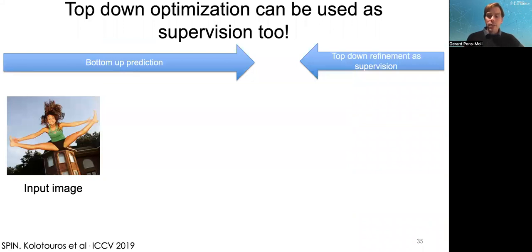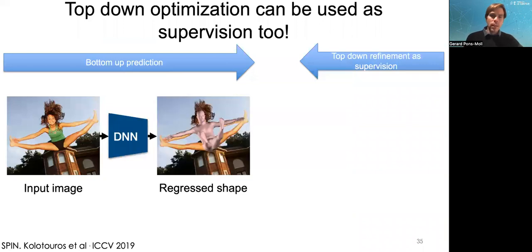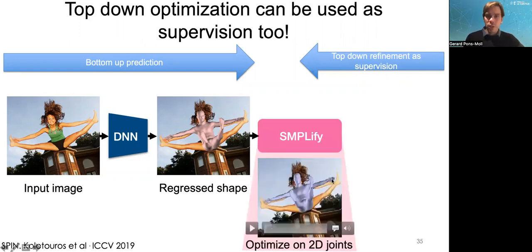So after these methods, there was one method that leverages the same idea, but it's maybe a little bit more direct. Essentially, it's noting that the regressed shapes do not fit the image so well many times. So what they say is, okay, this data is difficult to obtain, these 3D poses, but what we could do is start with a deep network and then do optimization, which we know how to do, right?